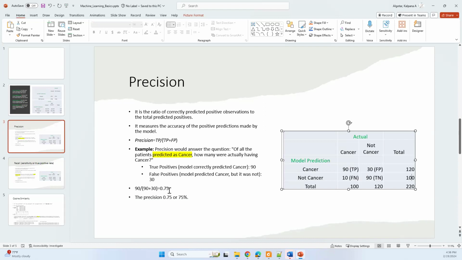In other words, of all the patients predicted as cancer, that is true positive plus false positive, how many were correctly predicted by the model as actually having cancer? Those are the 90 patients. So 90 divided by 120, that is 0.75.